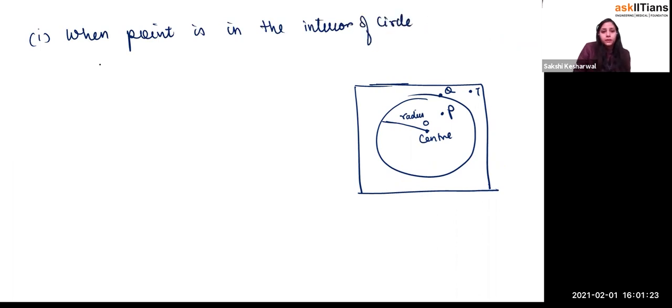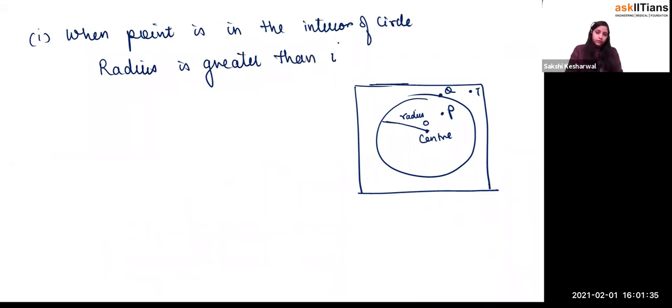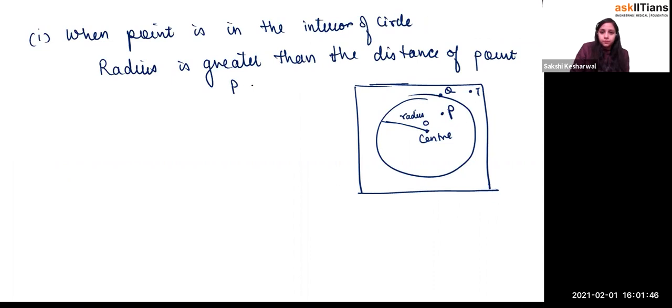So it means what, beta? The radius is greater than the distance of the point P from the center. Yes or no? If I talk more mathematically, the radius is greater than the OP distance, right or not?